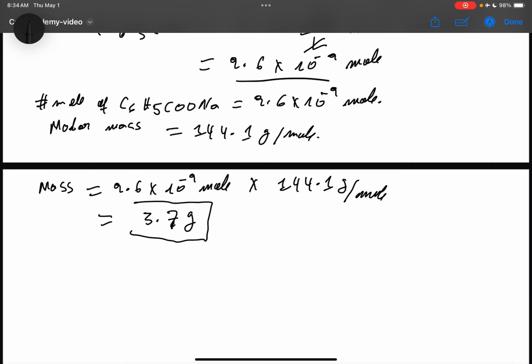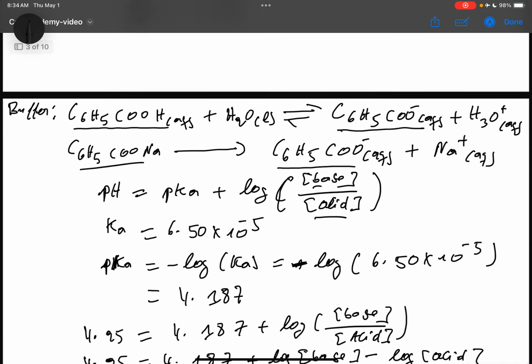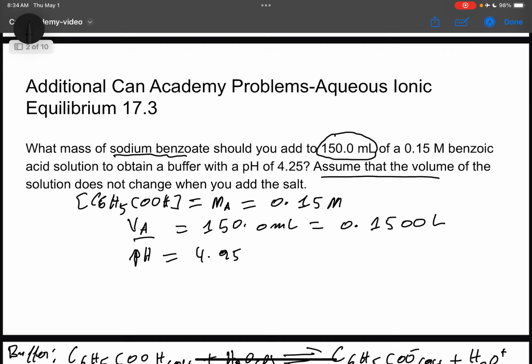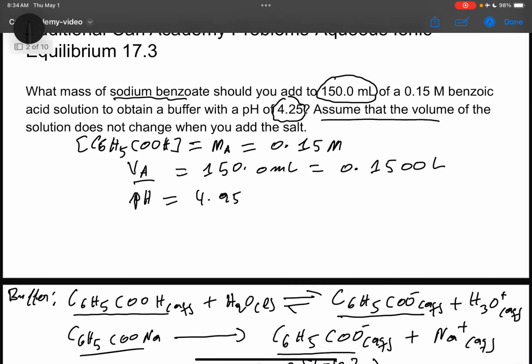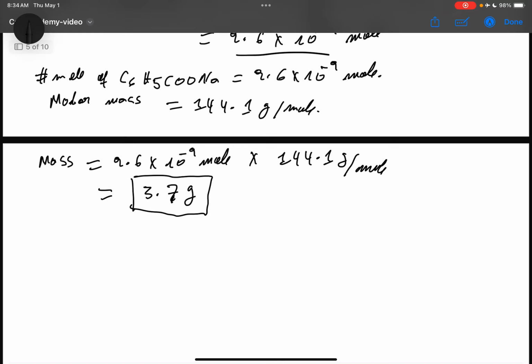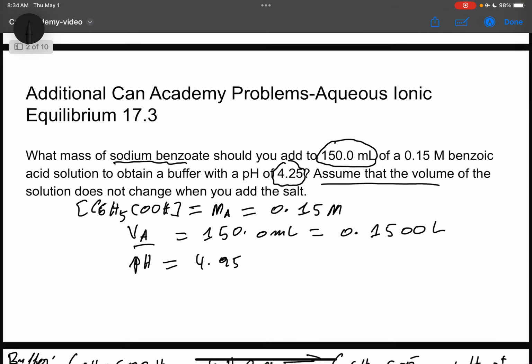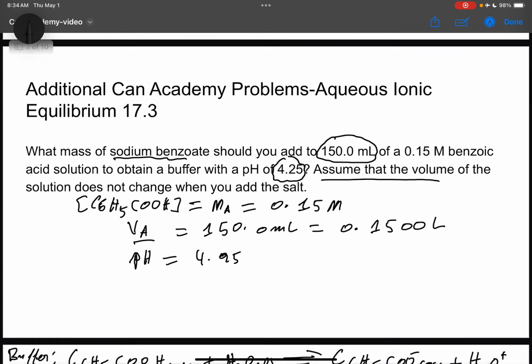This is the mass of sodium benzoate that we need to add to this volume of benzoic acid solution to obtain a buffer of 4.25. We can see that to form this buffer, we need exactly 3.7 gram of sodium benzoate to be added to 150 milliliter of 0.15 molar benzoic acid.